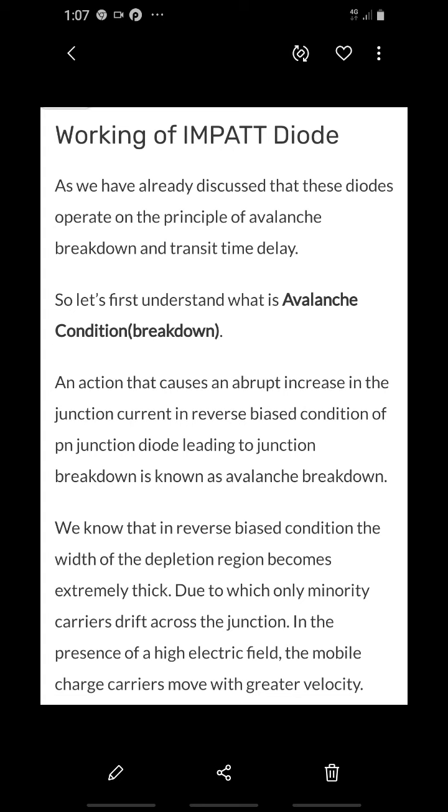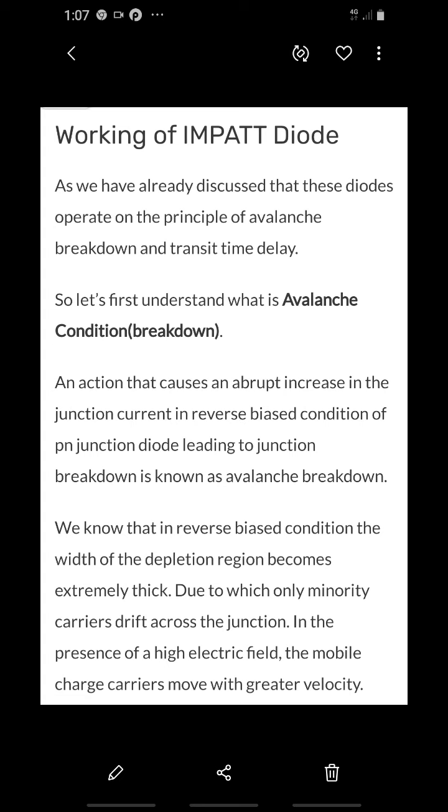An action that causes an abrupt increase in the junction current in a reverse biased condition of a PN junction diode leading to junction breakdown is known as avalanche breakdown.